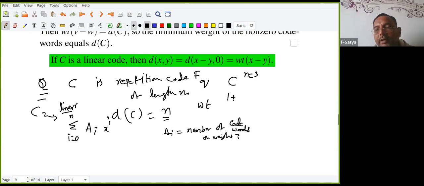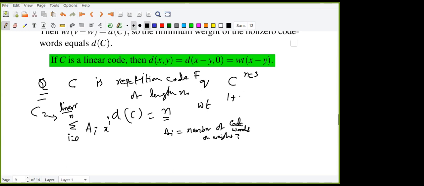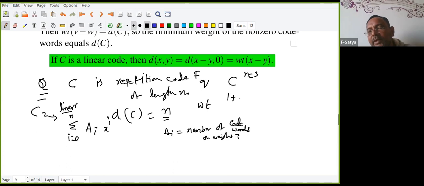Only 1, right? 1 times x to the power 0. How many code words are there of weight 1? 3, right? 1 0 0, 0 1 0, 0 0 1. All of them have weight 1. So that is 3x.